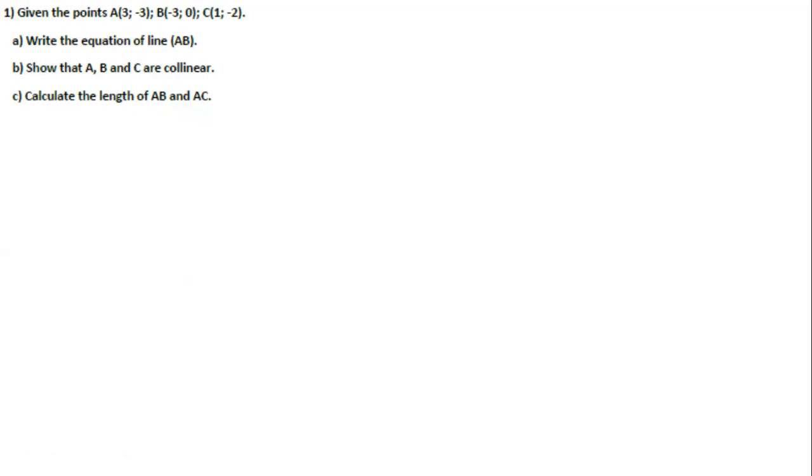So the first thing I should look for here is to find the slope of line AB. What is the rule we use to find the slope of line AB? Yes, Alex, slope of AB equals? Slope of AB equals. You don't know the rule till now, Alex?